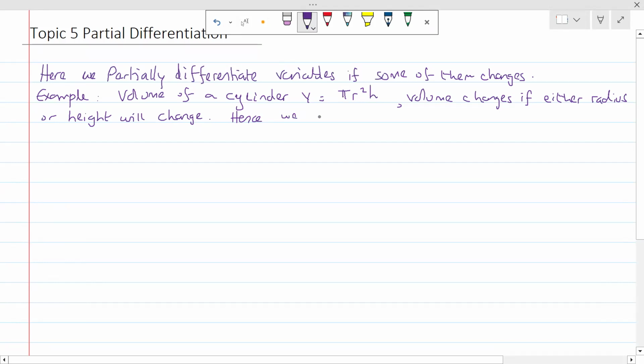Hence, we say that volume V is a function of r and h.